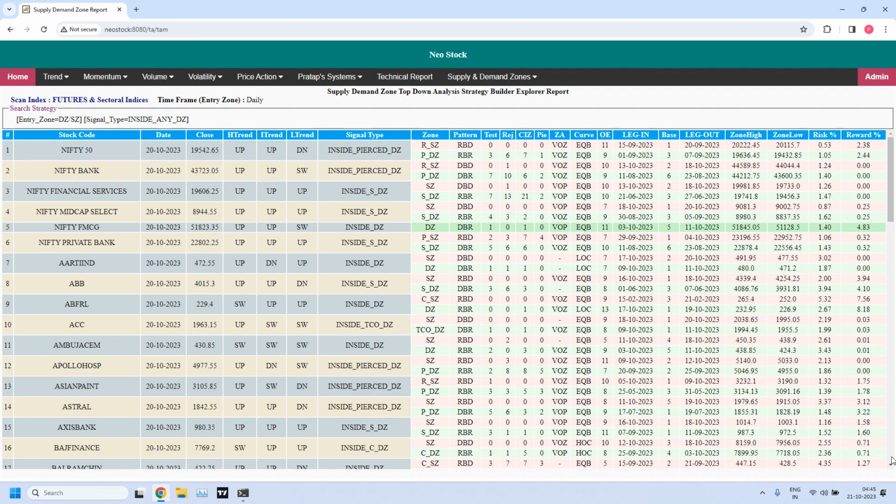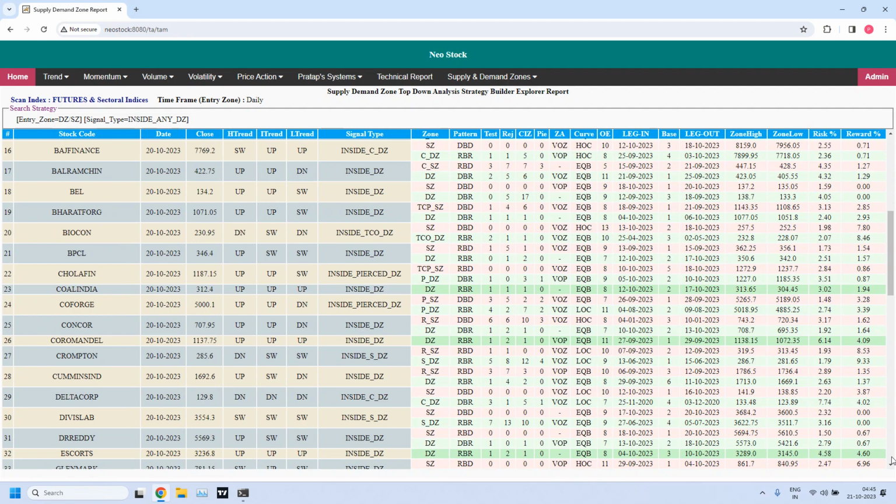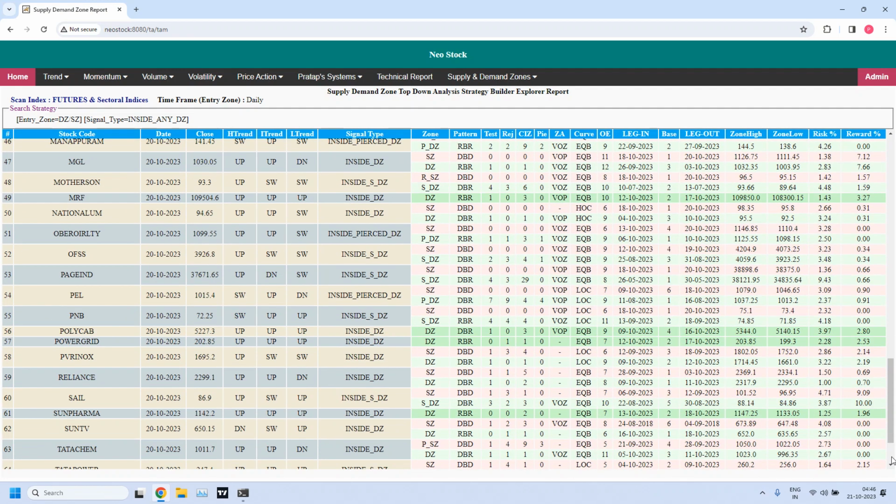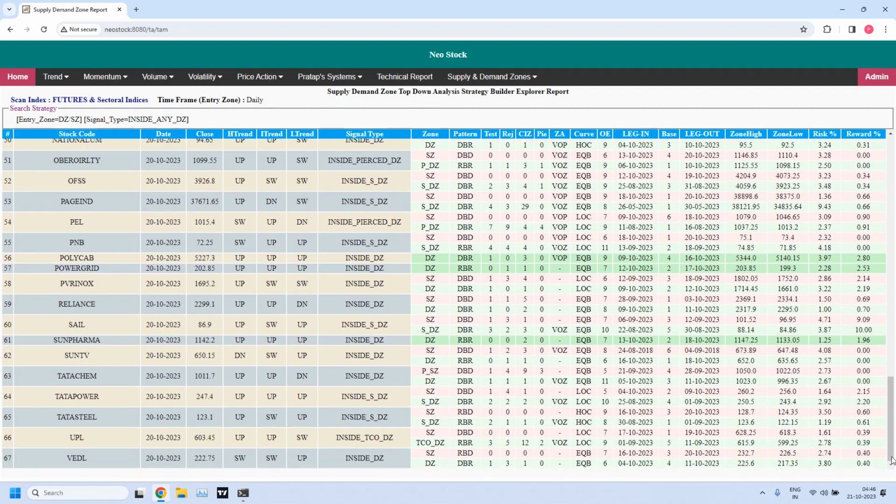Nifty 50 and Nifty Bank are both inside pierced demand zones. So a total of 67 stocks closed inside the daily demand zone. Very interesting. Monday is going to be an interesting day.